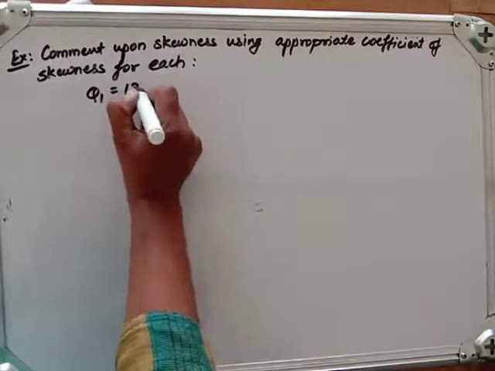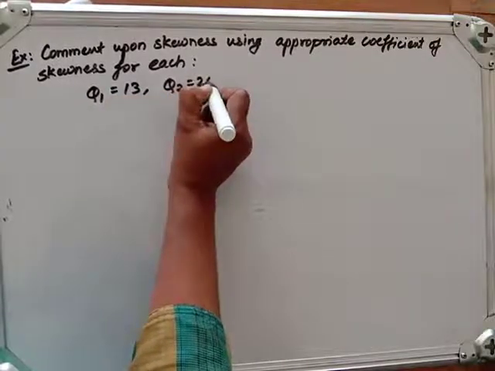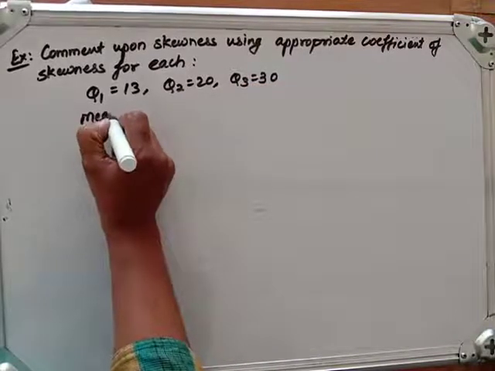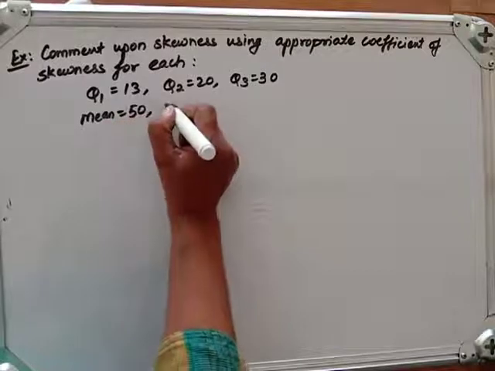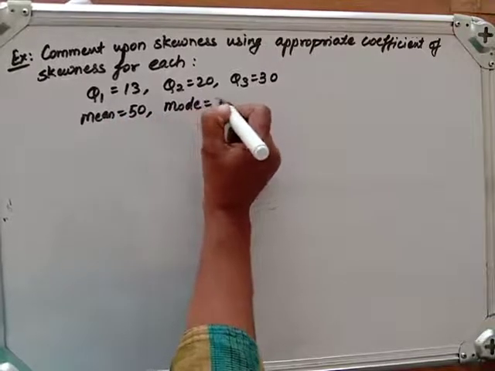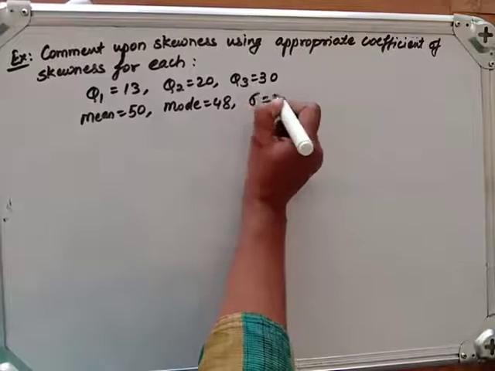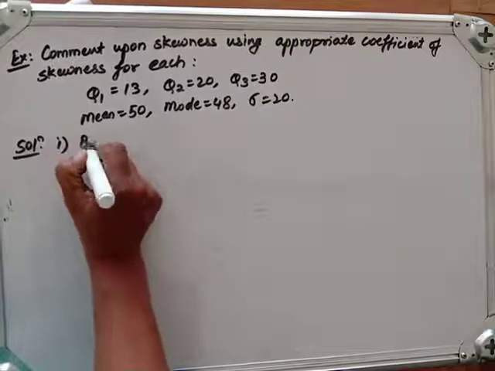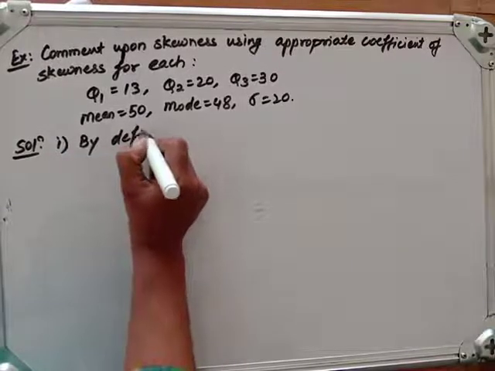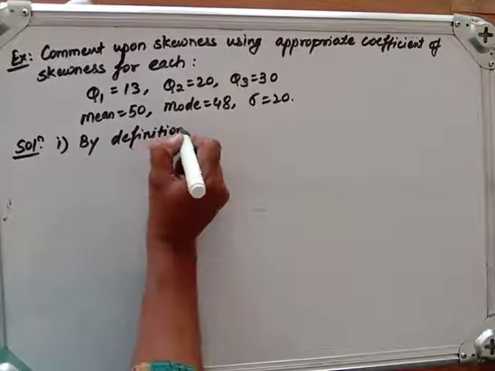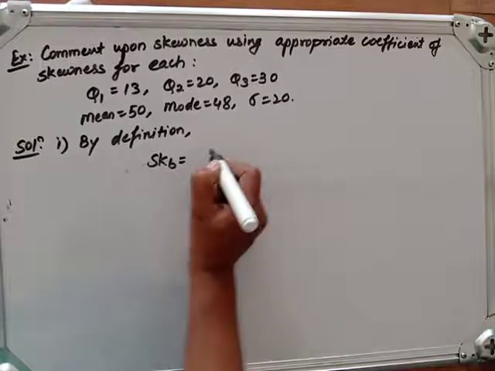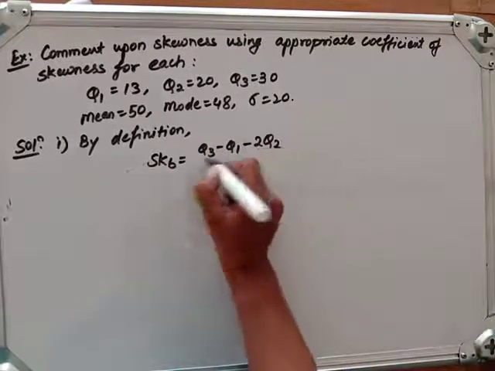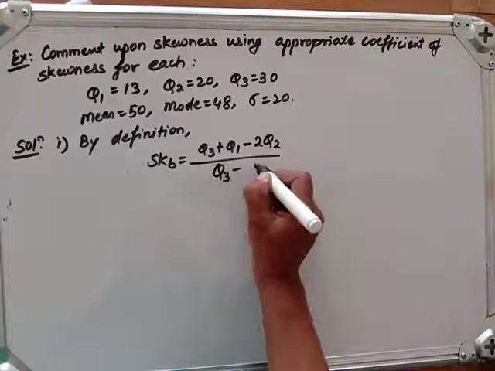Q1 is 30, Q2 is 20 and Q3 is 30. Another thing, mean is 50, mode is 48 and sigma is 20. So solution, first by definition, SKB is Q3 plus Q1 minus 2 times Q2 upon Q3 minus Q1.